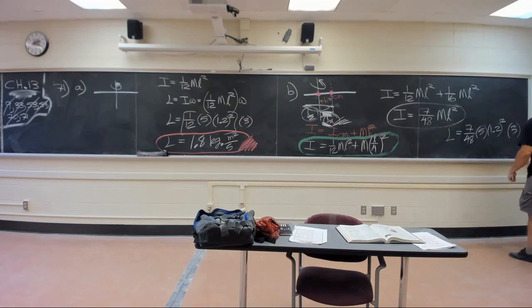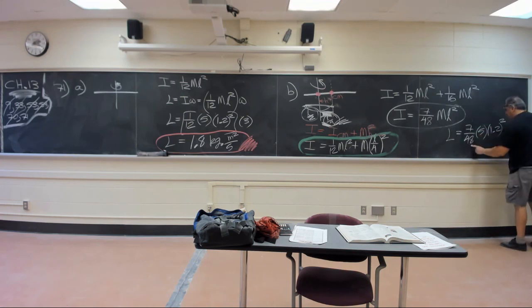I'm tempted to try to do this in my head too, but let's see where it goes. There's a way you could play a game here. You can go 5 times one of these 1.2s. 5 times 1.2 is 6. 6 goes into here 8 times.